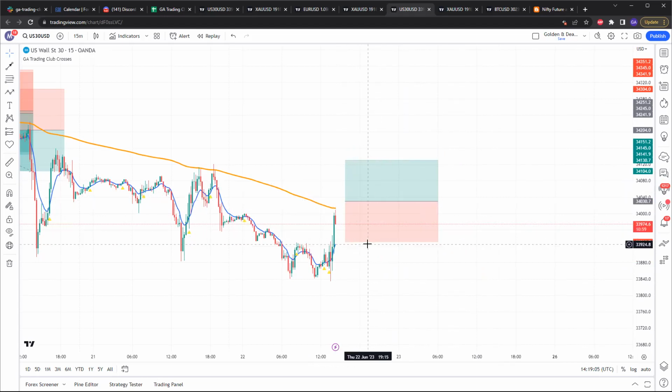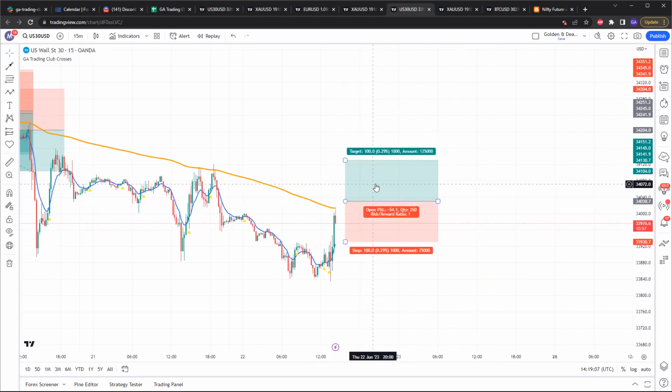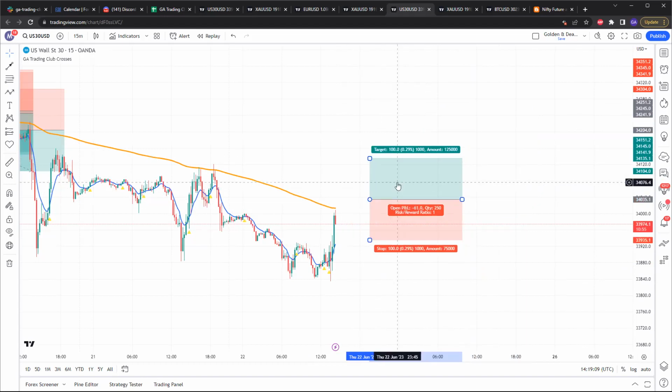So if they hold that loss, guess how many more winning trades like this you need. If you won 0.5% and lost 1%, you would be down 0.5%. Now, if you win the next trade, you would be up 0.5%.